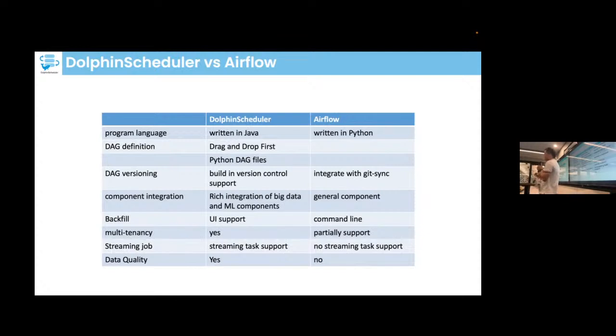Another open source workflow platform is Apache Airflow. I think maybe some of you also know this project, so here I would like to compare DolphinScheduler with Airflow. DolphinScheduler is written in Java and Airflow is written in Python. The other feature I want to highlight is that as a data engineer, sometimes we need to backfill our data pipeline.